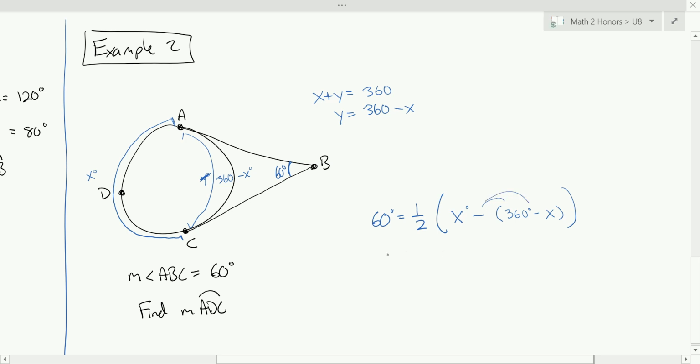So I'm going to multiply both sides by 2 to get rid of the 1/2 and get 120 is equal to x minus 360 plus x. Add 360 to both sides and get 480 is equal to 2 times x, and then divide by 2 and you get x is 240.